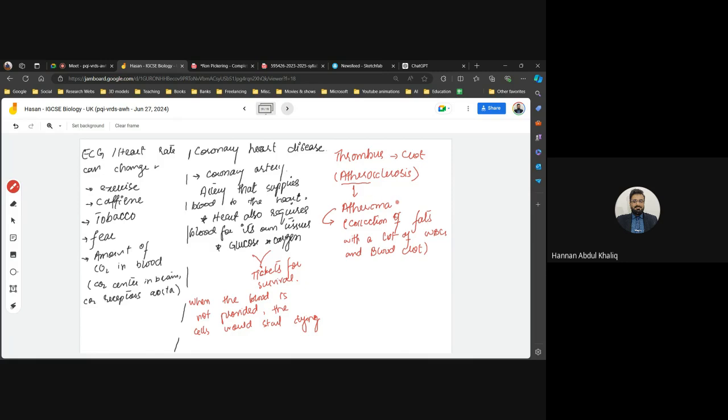Why is it collected at some site in the coronary artery? Remember that the biggest problem is high blood pressure. Because what happens is that high blood pressure damages the endothelium of the artery.